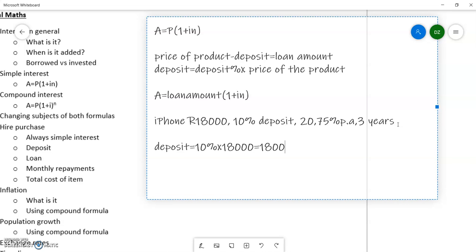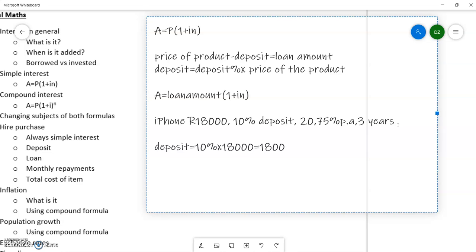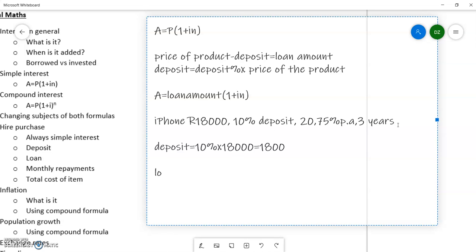They expect you to go into a loan agreement for the rest of the amount. Does it make sense that you take a loan on 18,000 rand if you already paid 1,800 rand? Of course not. You're not going to pay more on a loan or take a bigger loan than you have to, okay? So the first thing we have to do now is go and calculate what the loan amount is.